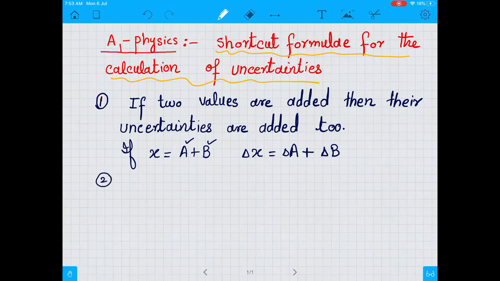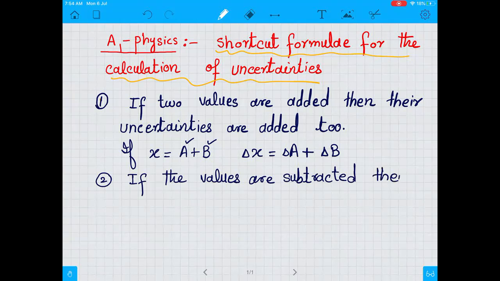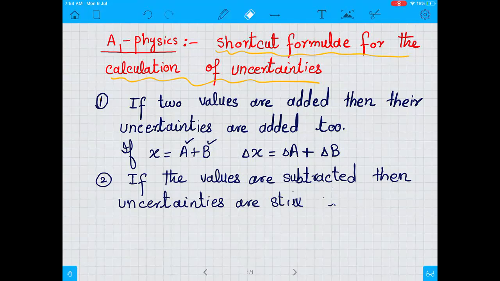Number two, if the values are subtracted, then uncertainties are still added.